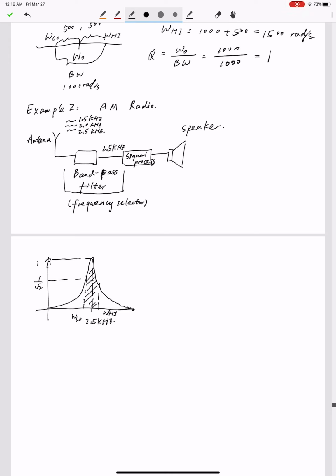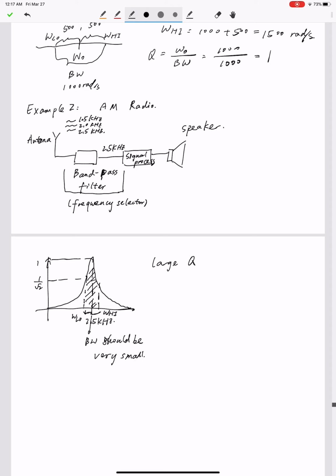And an ideal bandpass filter should have a very large quality factor, right? Because we don't want to pick any other signals at a different frequency range. We just want the signal at 2.5 kilohertz, which means we want the bandwidth of this bandpass filter to be very small.